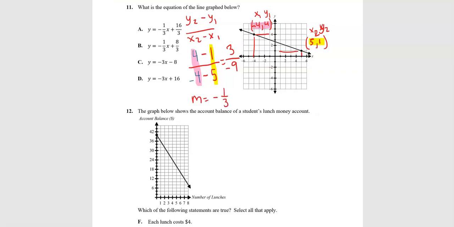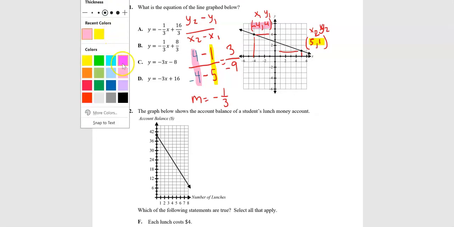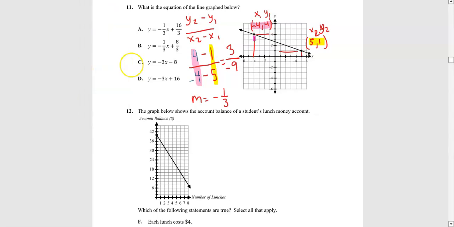Now, another way that we could do this, if you really were looking at your graph here, ooh, that's too thin. Let's pick something else. Let's do a highlighter. I could take the rise and run from these points here. I could look here, and look all the way over to this point, and count my rise and run.